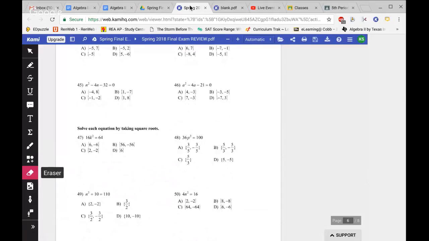But they're not the same problems from the packet, right? No, I don't think they're the same ones. Occasionally the software is really weird about duplicating, but I don't think they are. I haven't worked the final completely out. I'll probably sit and do that tomorrow and work out all of the problems.